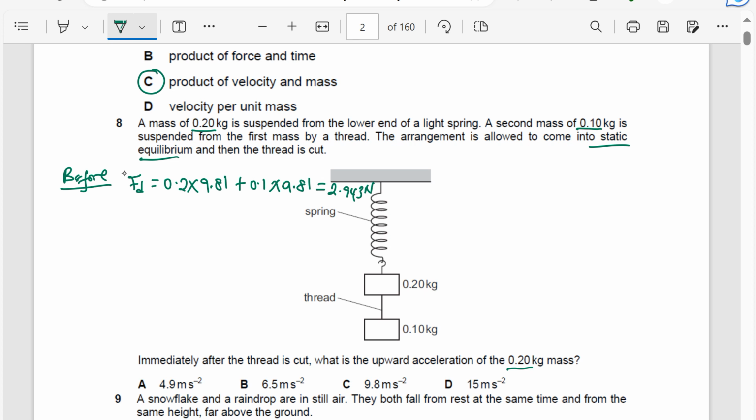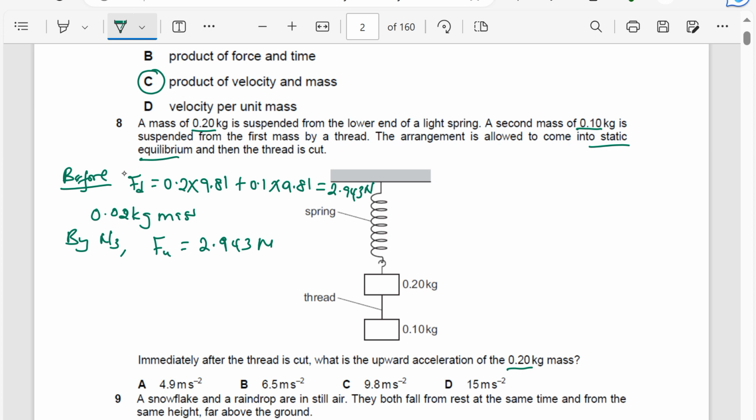So let's now look at after the thread is cut. Of course, by Newton's third law, if you look at the 0.2 kilogram mass, it means the force upwards is still going to be 2.943 newtons.